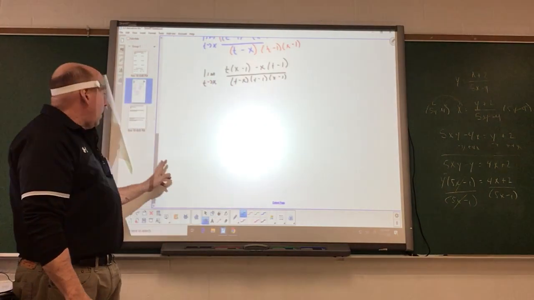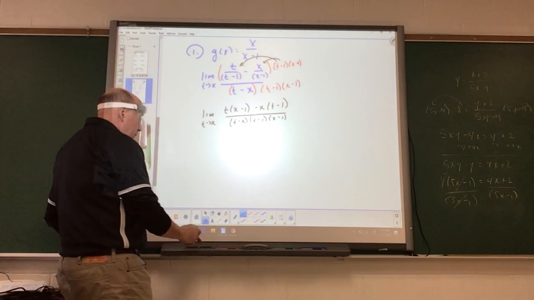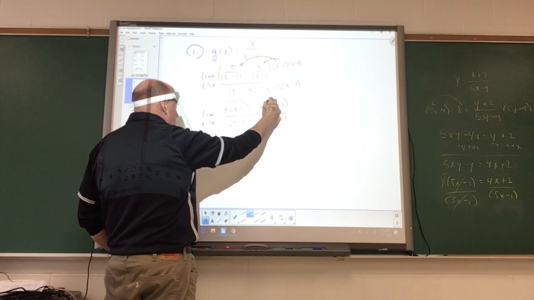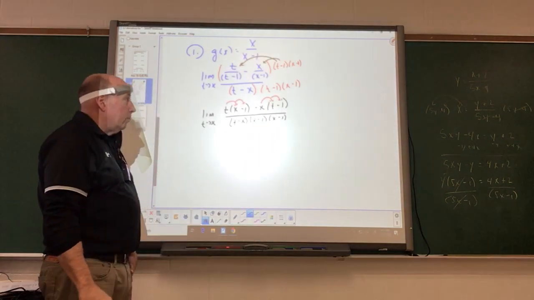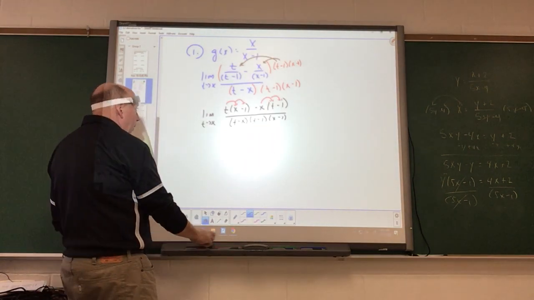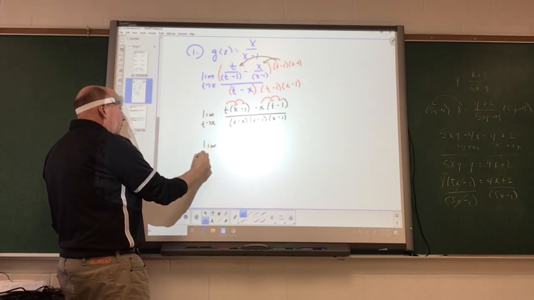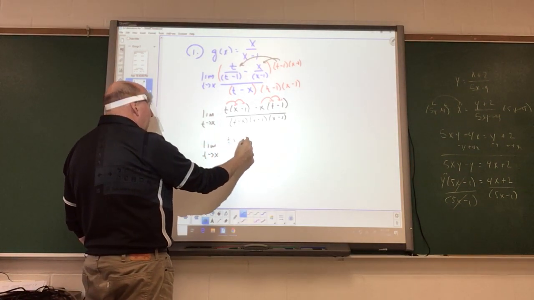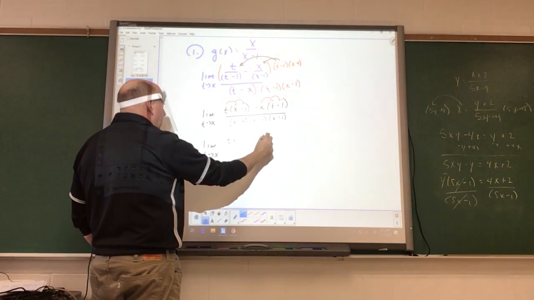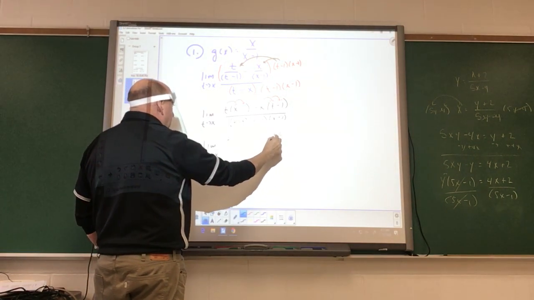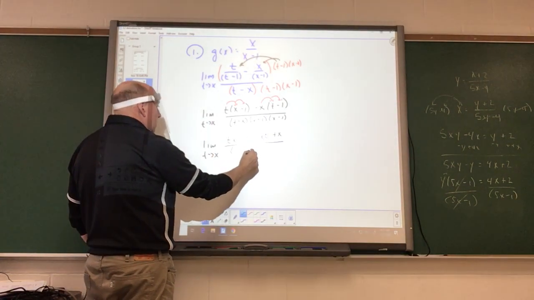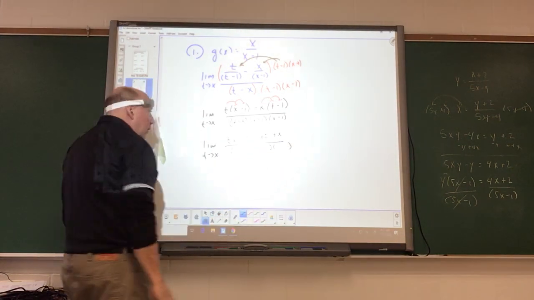Using our distributive property, we have a limit as t is approaching x of tx minus t minus xt plus x. Still have our same factors.